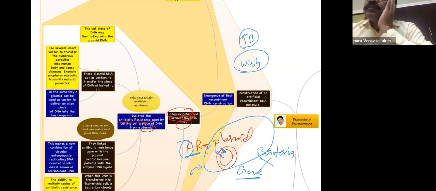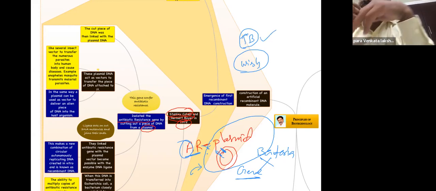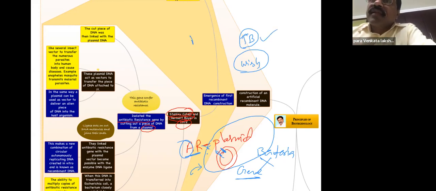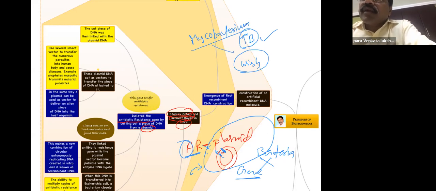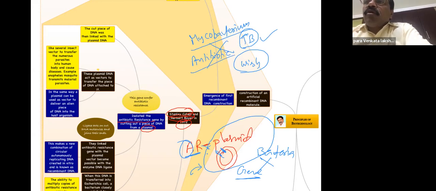That is the issue. The individual, even though he takes antibiotic, will suffer from Mycobacterium tuberculosis. Mycobacterium is the bacterium. And this Mycobacterium will not die with this antibiotic. Why? Because this Mycobacterium developed resistance to the antibiotic.